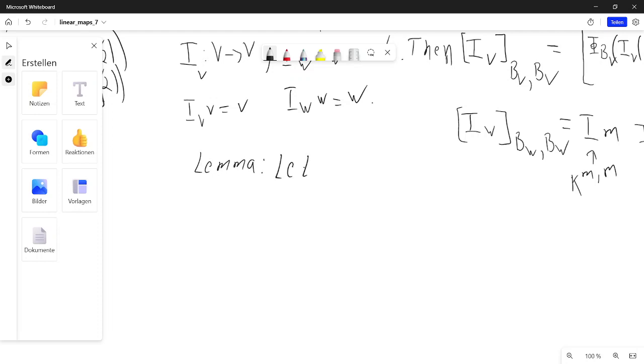Let L from V to W, A from W to X be both linear.